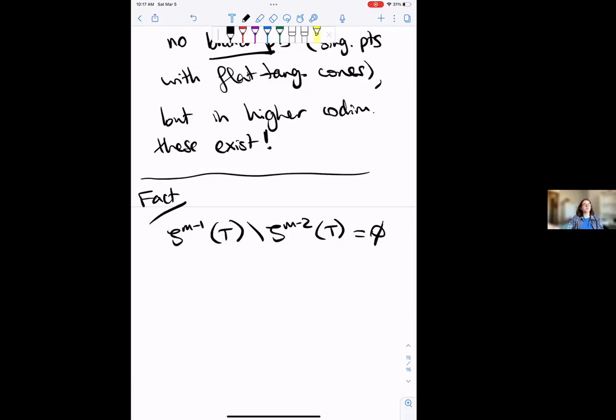This is because if you had such a point, remember that it splits off this m minus 1 dimensional spine, you're left with a one-dimensional cone that's area minimizing. And we have a full classification of one-dimensional area minimizers. They have to be a single line with a multiplicity. Otherwise, you have a better competitor.